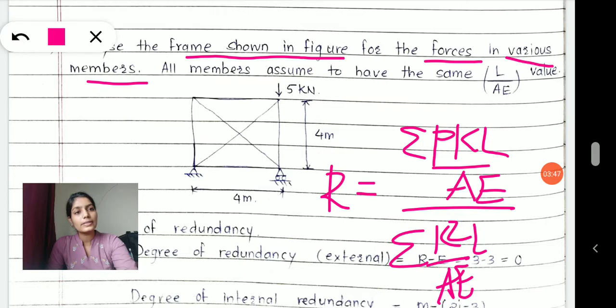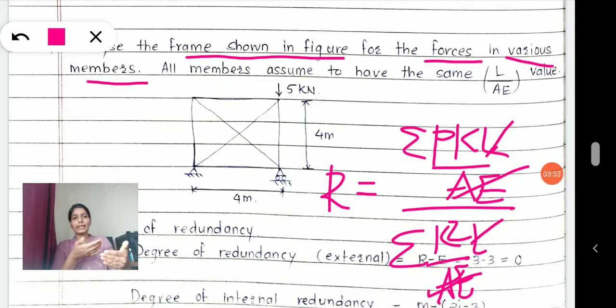So this L by AE is the same for each and every member, which is why it will get cancelled from numerator and denominator.